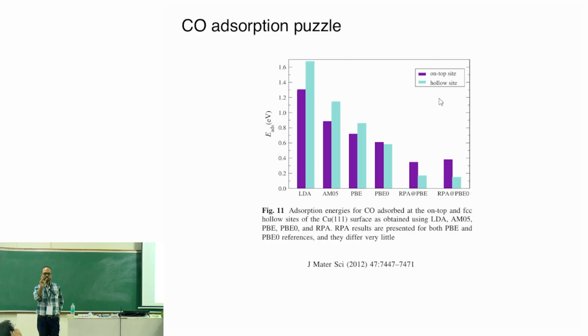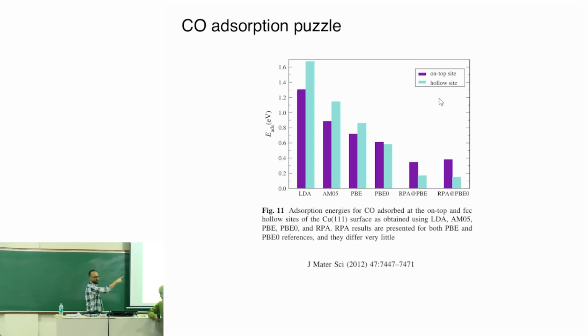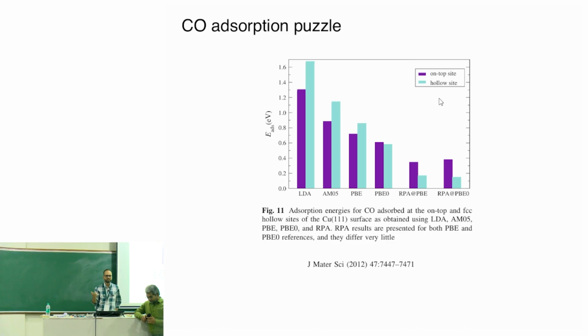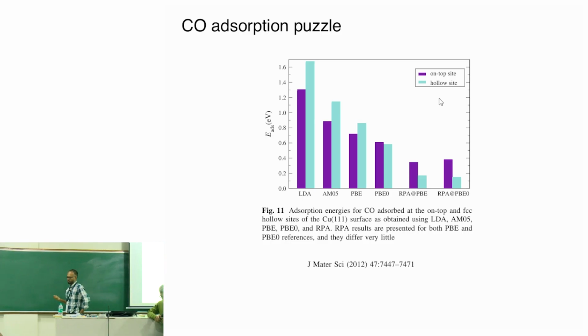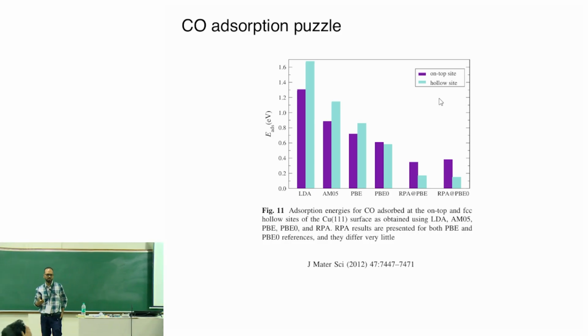I'm talking about the difference between the on top and the hollow sites. Will the D correction really change that? Maybe. So I will check it out. If you want to see, you have to calculate, I guess.